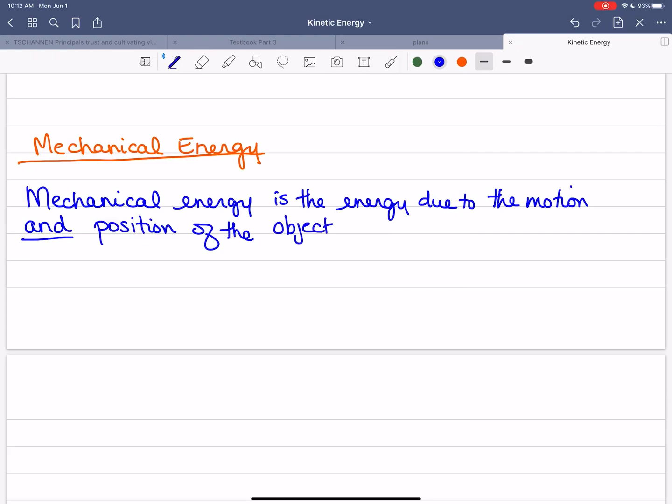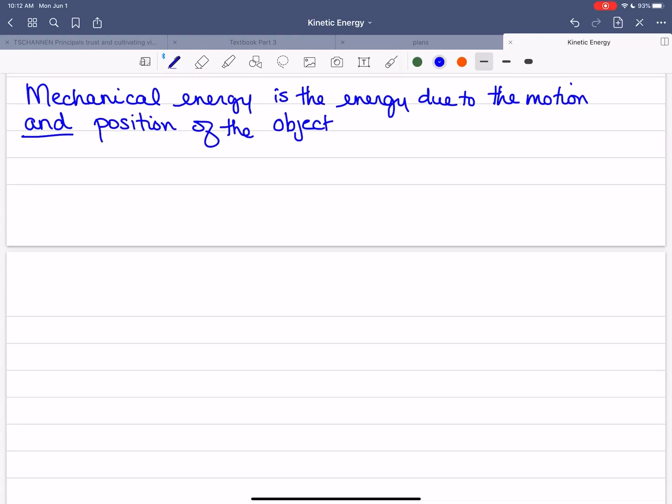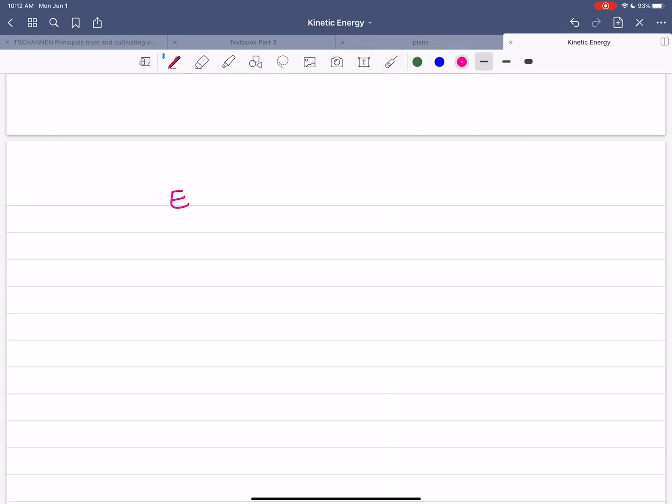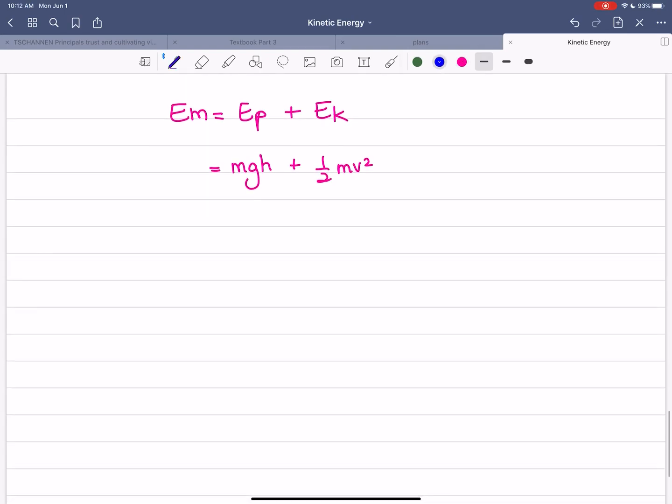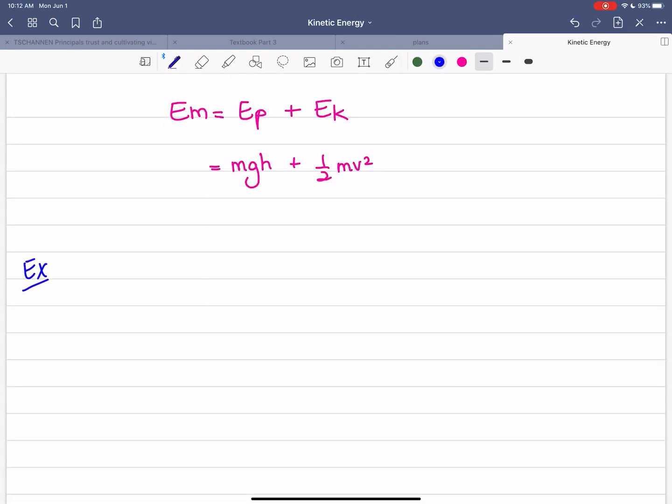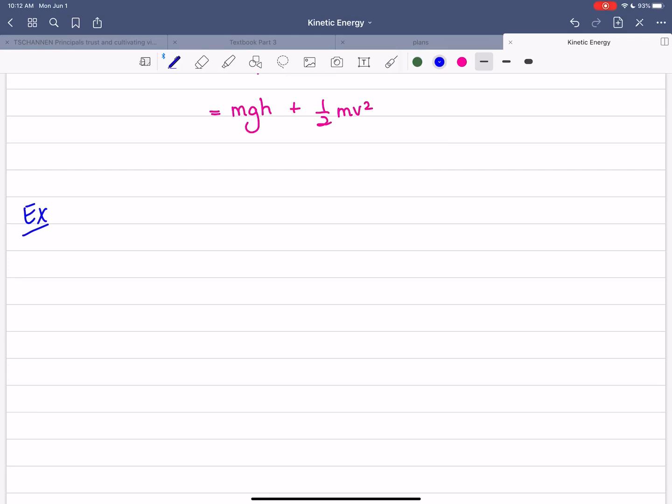The fact that I'm using that word "and" should give you a hint that when it comes to the formula for mechanical energy, which is EM, since we're saying "and," it's going to be our EP plus our EK. So our potential and our kinetic. And so we could also say mgh plus 1/2 mv squared. Those are our formulas.